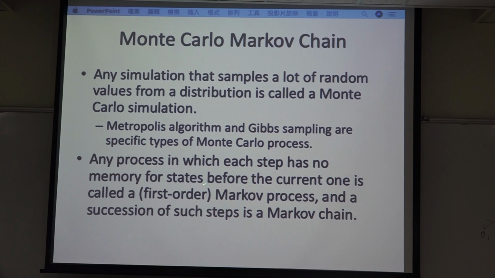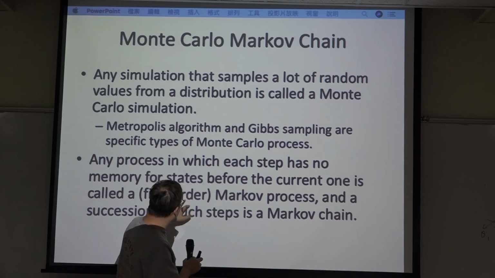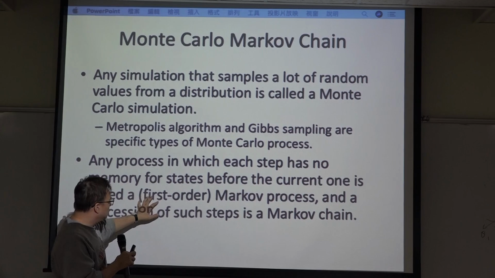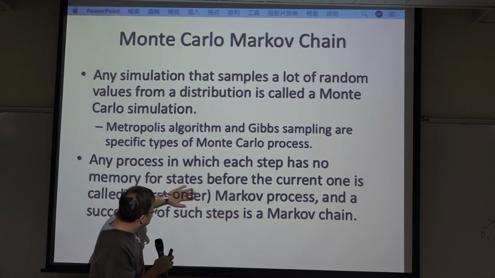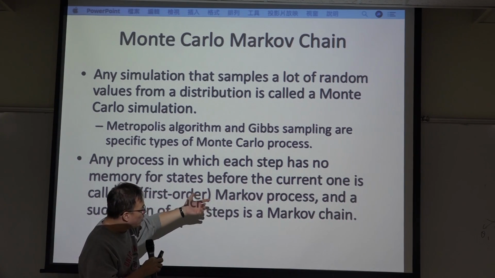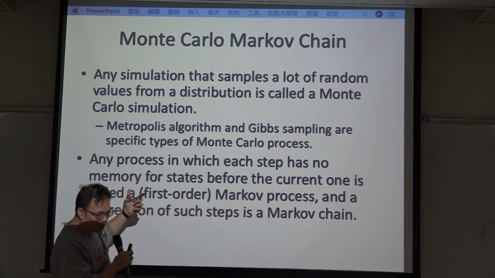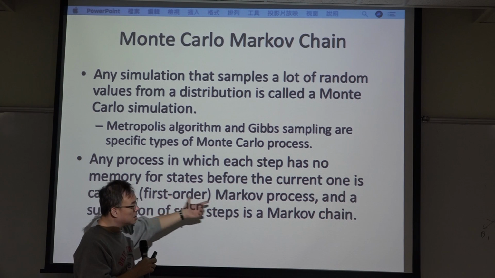Of course, if it depends on, for example, the current step and the previous one, it's called a second order Markov process. So it depends on what you are talking about. But if you do not specify this term, then when we talk about Markov process, we implicitly mean first order Markov process.